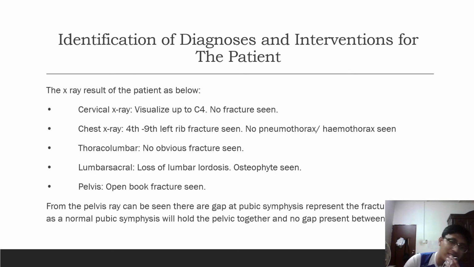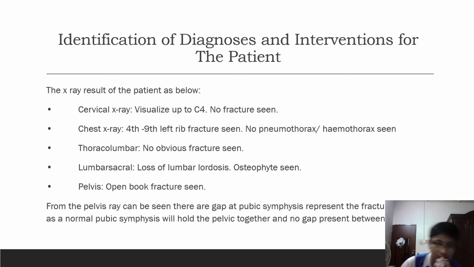The X-ray results of the patient are as below. Cervical X-ray visualized up to C4, no fracture seen. Chest X-ray, 4th to 9th left rib fracture seen, no pneumothorax or hemothorax seen. Thoracic lumbar X-ray, no obvious fracture seen. Lumbosacral, loss of lumbar lordosis, osteophyte seen.